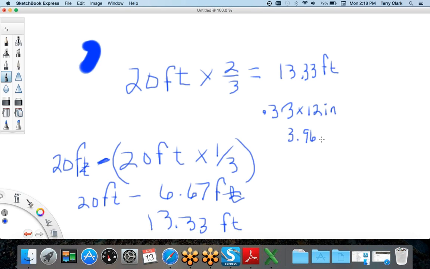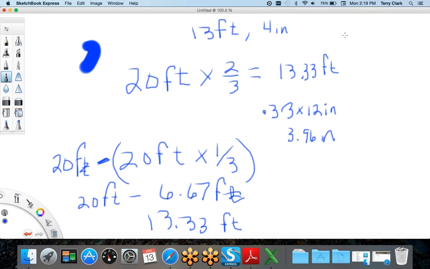So that's 4 inches. So our final answer will be 13 feet and 4 inches.